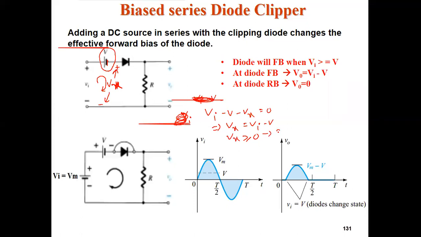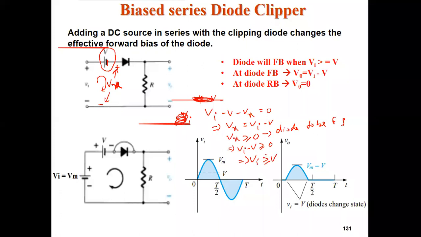This implies Vi minus V should be greater than or equal to 0, which implies Vi should be greater than or equal to V.